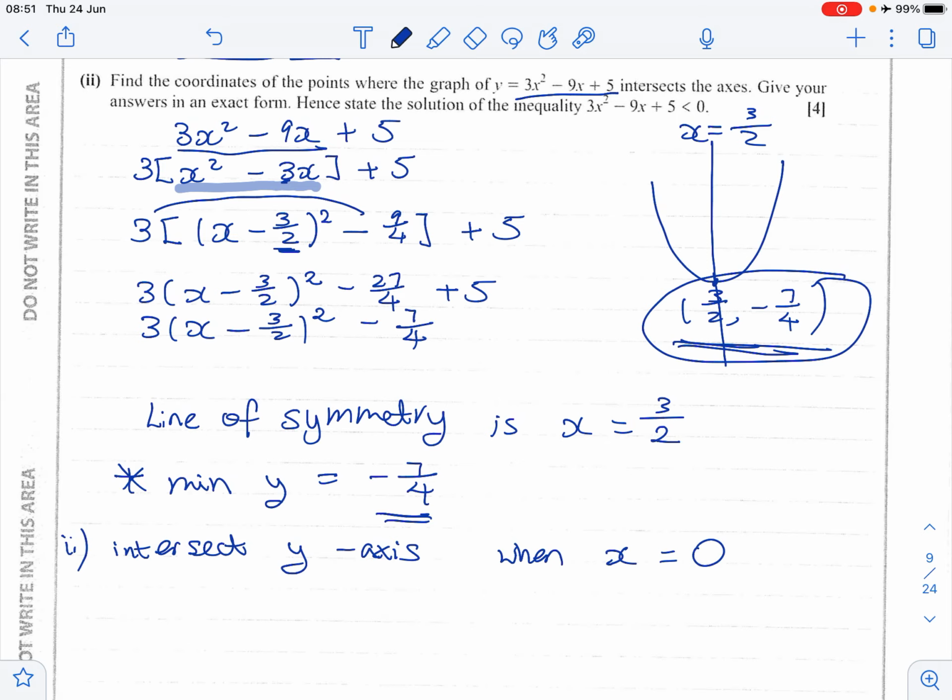I'm just going to use my sketch here to demonstrate. So let's just do my axes here. My curve is a quadratic curve, and it's going to look something like this. What I'm interested in is where it crosses the y-axis.